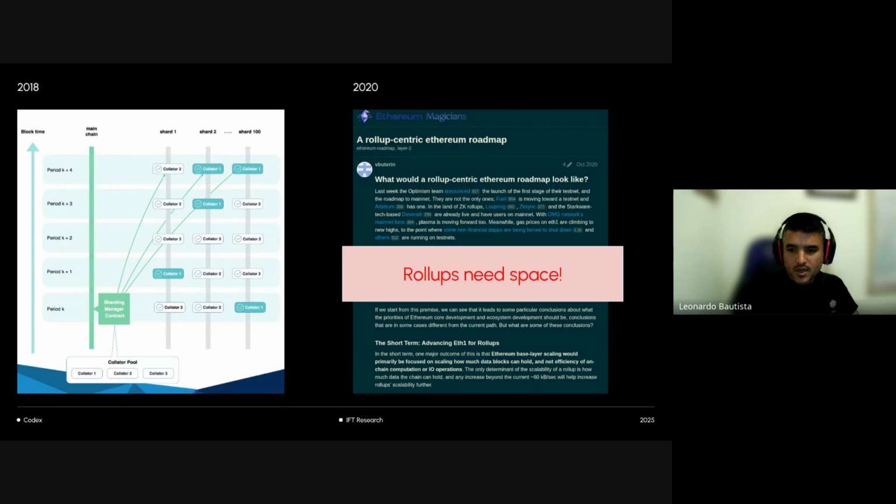Now, the problem is that rollups need space. Let's imagine that rollups work out there and they bring scalability to the network and to the entire Ethereum ecosystem. But at the same time, they need space on the layer one in order to inherit the security of what we call the layer one. So that was a problem that we needed to solve.